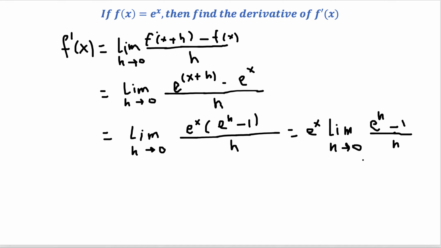Now if we apply 0 instead of h, e to the 0 is 1, 1 minus 1 is 0, and at the denominator h is 0, so 0 divided by 0 is an undetermined form of the limit, for which we can use L'Hopital's rule, and we can write e to the x.